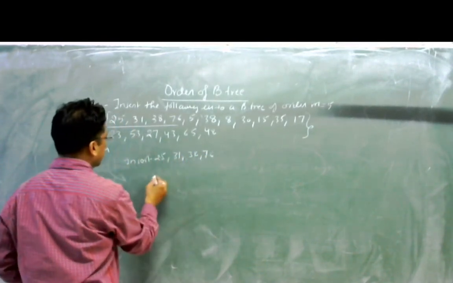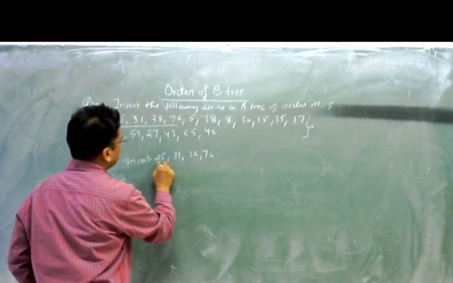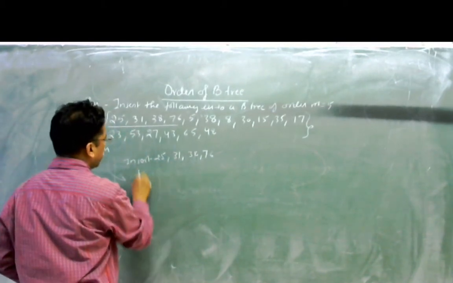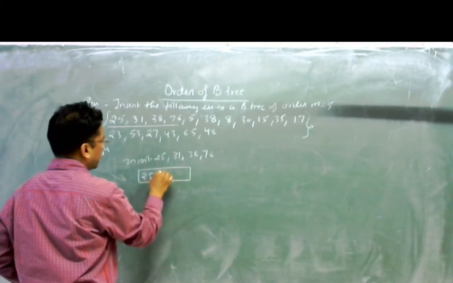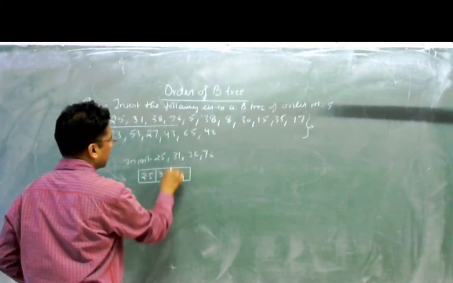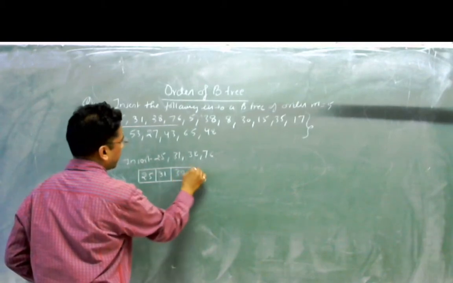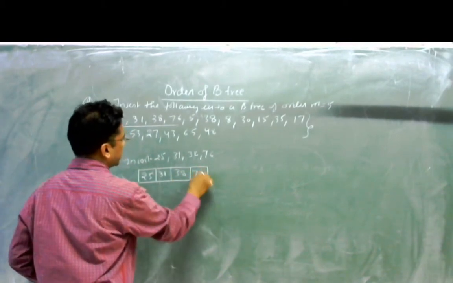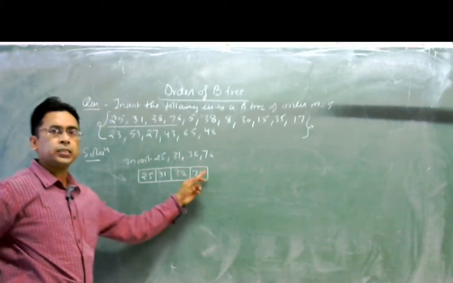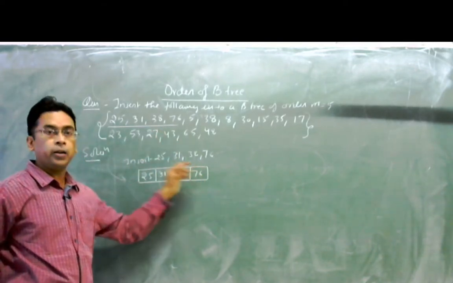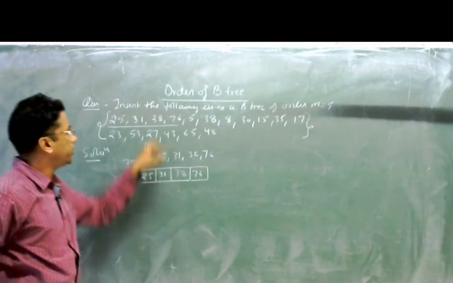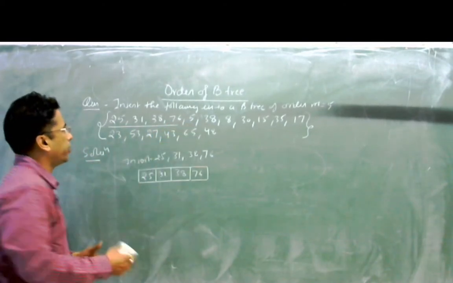These elements will be inserted in order, simply like this: 25, 31, 38 and 76. They are in series and they can be inserted easily because a node can hold at most 4 elements. But next, when we try to insert the next element, that is 5.